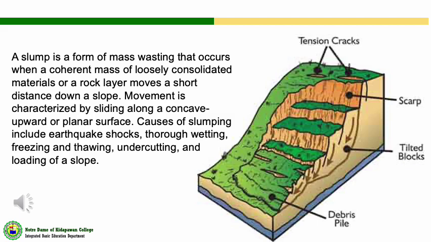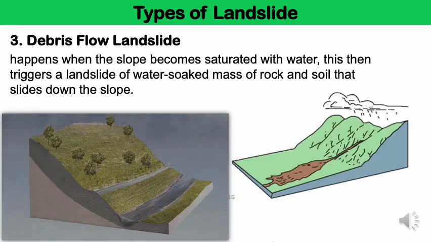A slump is a form of mass wasting that occurs when a coherent mass of loosely consolidated materials or a rock layer moves a short distance down a slope. Movement is characterized by sliding along a concave upward or planar surface. Causes of slumping include earthquake shocks, thorough wetting, freezing and thawing, undercutting, and loading of a slope.